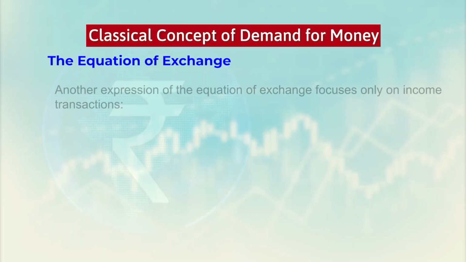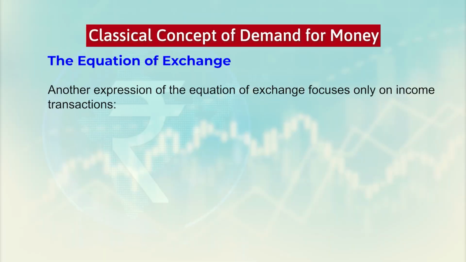The previous version was the transaction version of the equation of exchange, but this is the income version. The only thing that has changed here is that MV is not equal to P_T T, rather MV is equal to PY, where Y is essentially the income. In the classical system, the full employment system, which is the strongest classical assumption, the total employment will determine how much income or output is going to be produced in the economy.